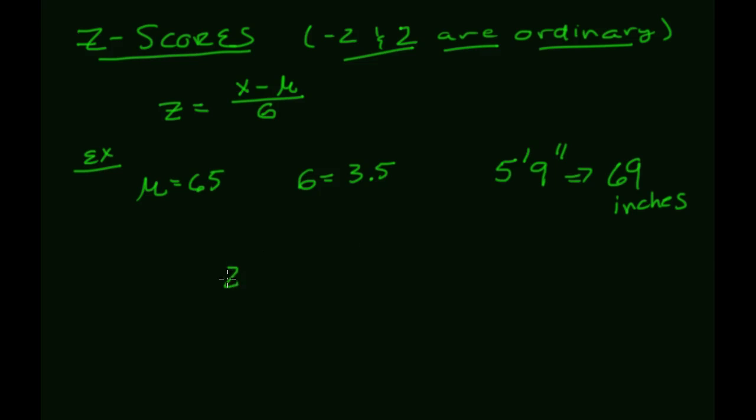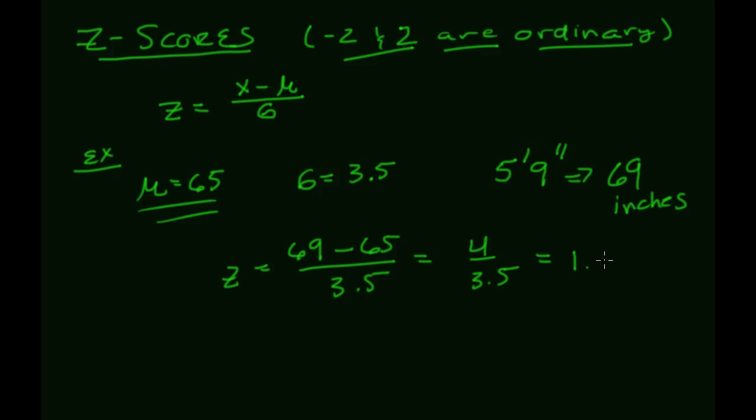So the z-score for this is you take that 69, that's your score, minus the mean score, which was 65, and divide that by 3.5. So that's like 4 over 3.5, which works out to be 1.14. So the unit there is standard deviations.